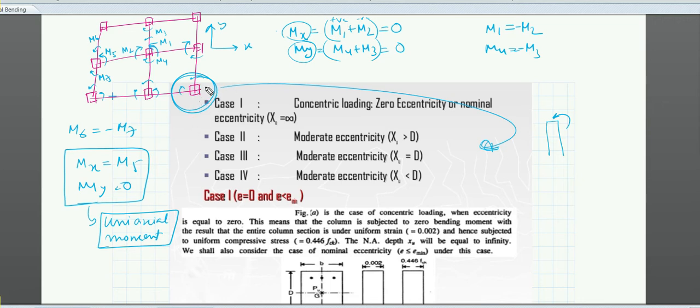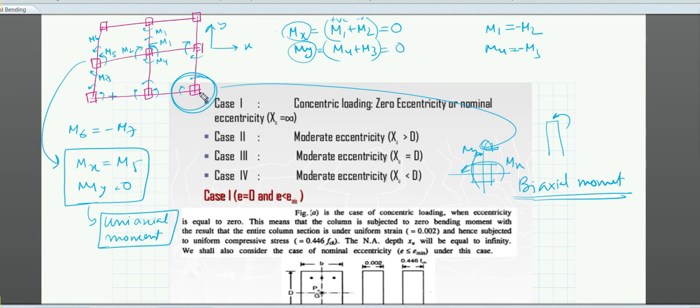So this column will be having a moment in the x direction and a moment in the y direction. Mx and my both will act on this column, so it will be a biaxial moment. So this column can be designed with a uniaxial moment, and this column with a biaxial moment.